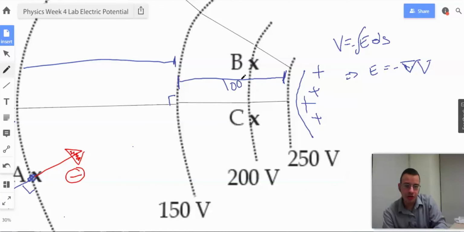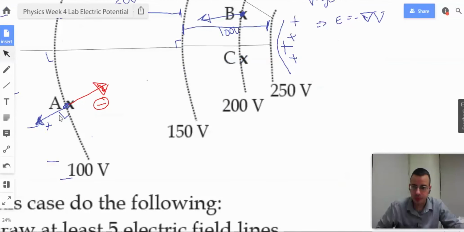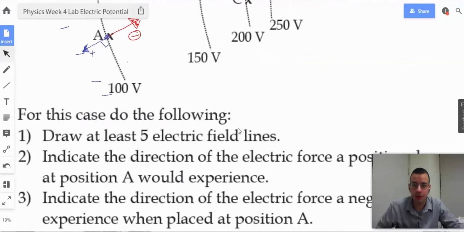This has 100 volts change, this has 50 volts change, so this has a higher voltage change per unit distance. Therefore, it's going to have a stronger electric field, therefore a stronger force. So at B, the magnitude will be larger, about twice as large, since the sizes are the same and one is 100 and one is 50.